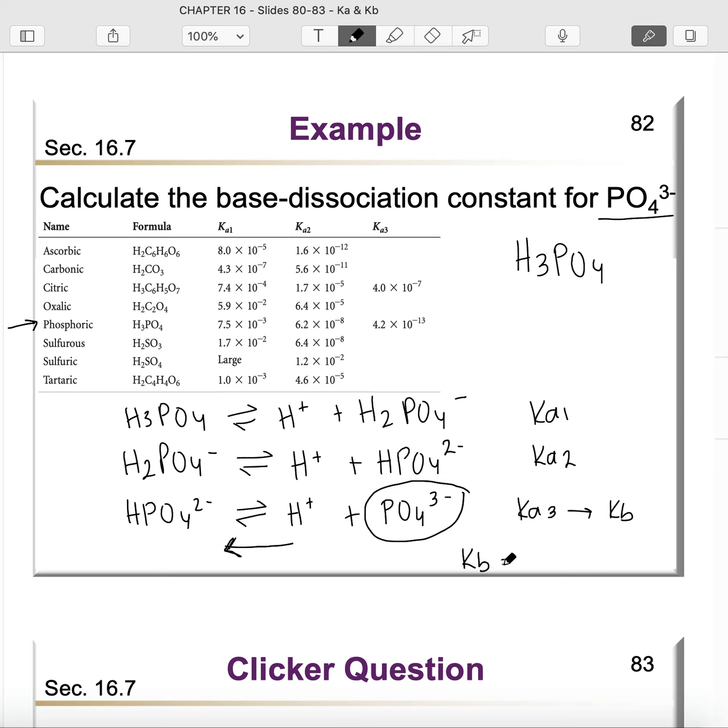Kb will be equal to Kw divided by Ka3, which means we take 1.0 times 10 to the minus 14 divided by Ka3, which is, according to the table, 4.2 times 10 to the minus 13. And that gives us the Kb as being equal to 2.4 times 10 to the minus 2. And we are done.